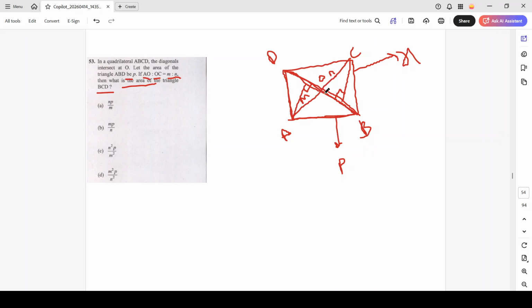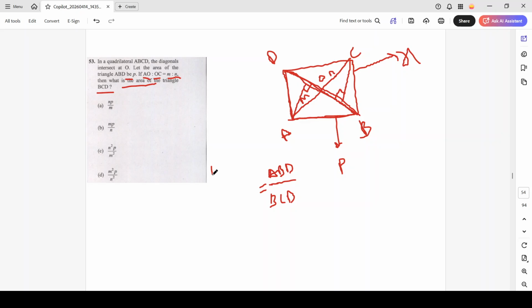So first of all, what will be the ratio of the area of ABD to the area of BCD, that means ABD upon BCD?